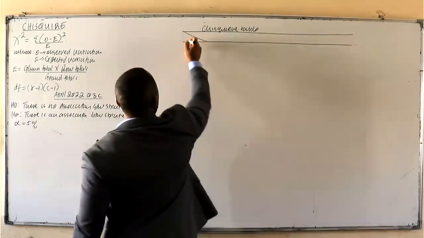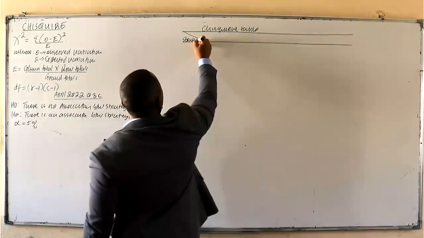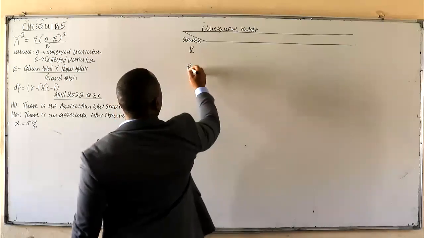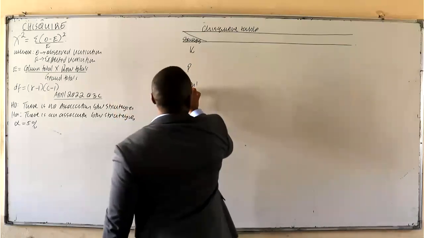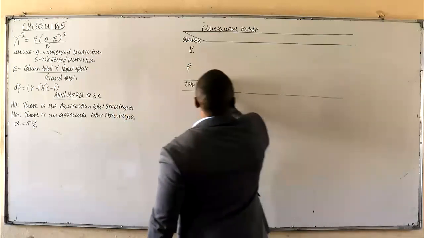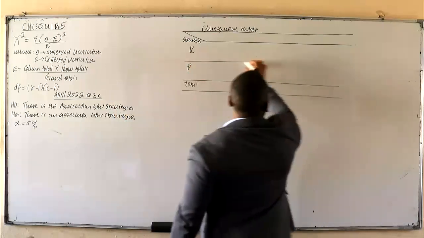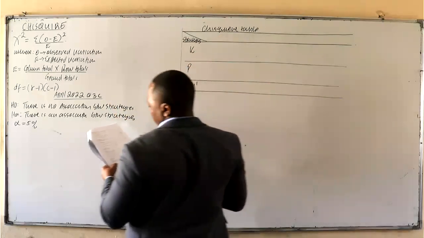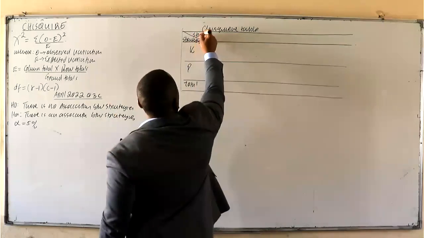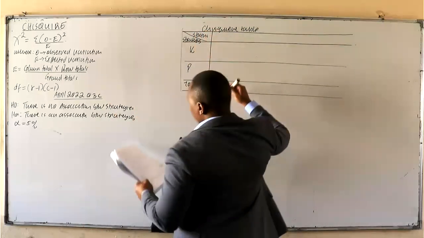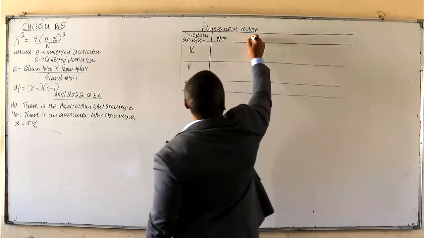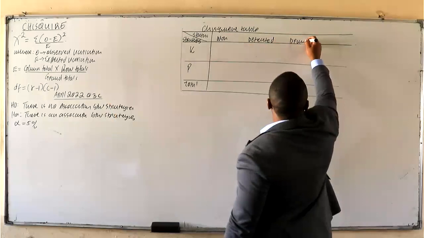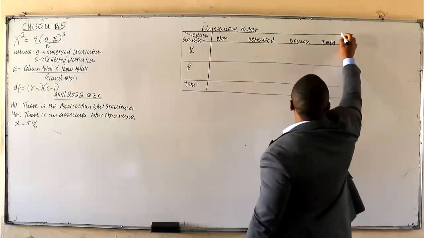Here we have the strategy, K and P, and then we get the total. Then we also have the status: those who won, defeated, or drawn, and then we get the totals.